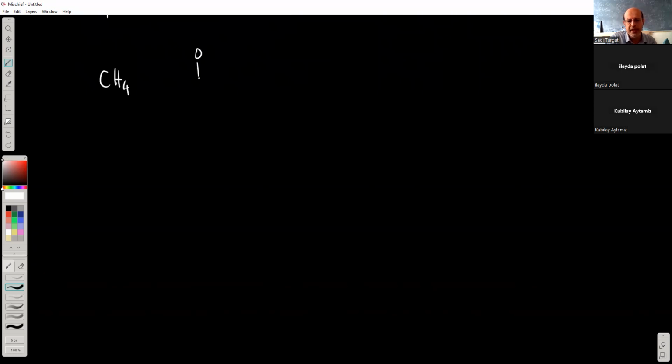It's in the shape of a tetrahedron. There's a central carbon atom, and then there are 4 hydrogen atoms arranged at the corners of a tetrahedron. So it has a nice symmetry group. Suppose I would like to find the energy levels of that.